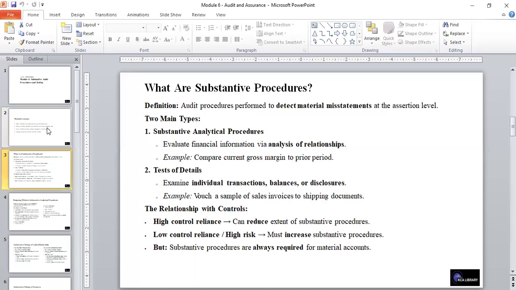And the relationship with control: the first is high control reliance, which can reduce the extent of substantive procedures. Another is low control reliance or high risk, which must increase substantive procedures. But substantive procedures are always required for material accounts.